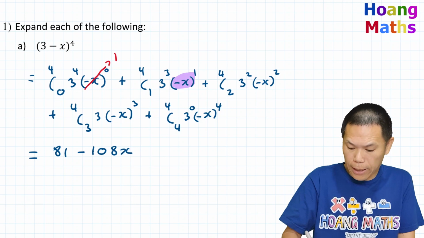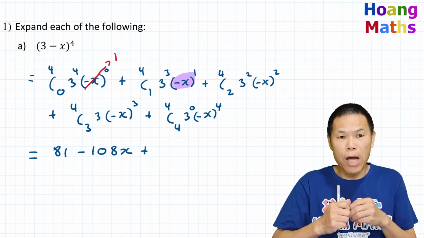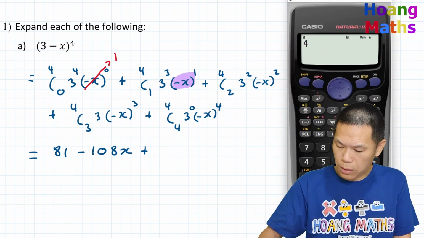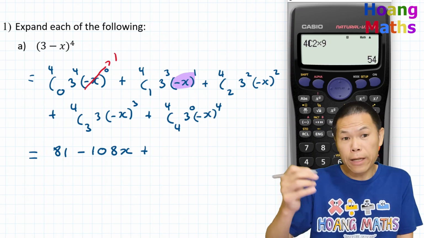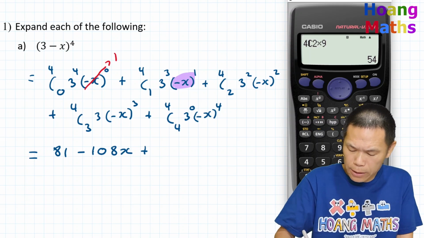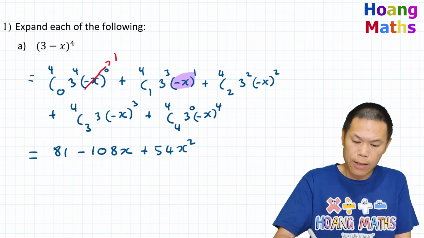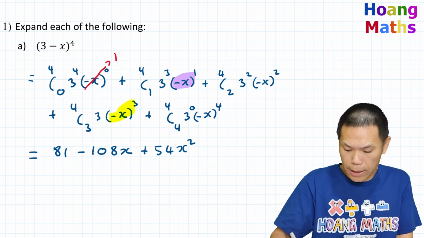So 108x. And then we add 4C2 times 9. Let me just put on a calculator. 4C2 times 9, 54. And negative x squared should be a plus anyway, which is 54x squared. And we have negative x to the power 3, so should be a negative.